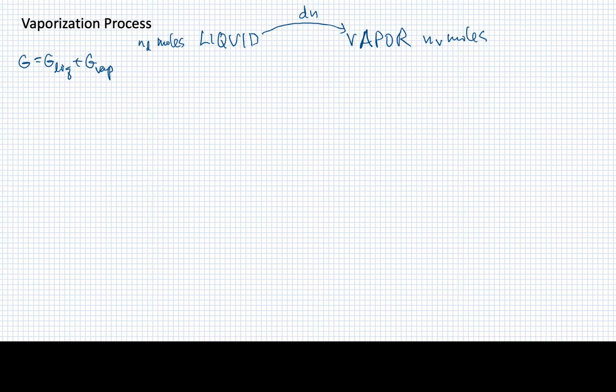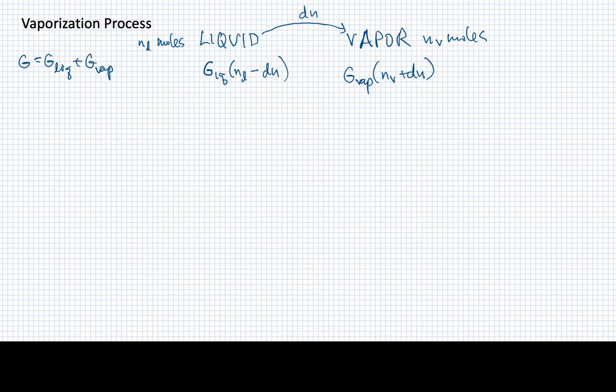What I'm really talking about is a Gibbs energy for the liquid that starts off at N sub L moles, but loses a little bit to become N sub L minus dN moles of liquid. The Gibbs energy of the vapor would have the opposite change. It would start off with N sub V moles, but add dN moles to that.